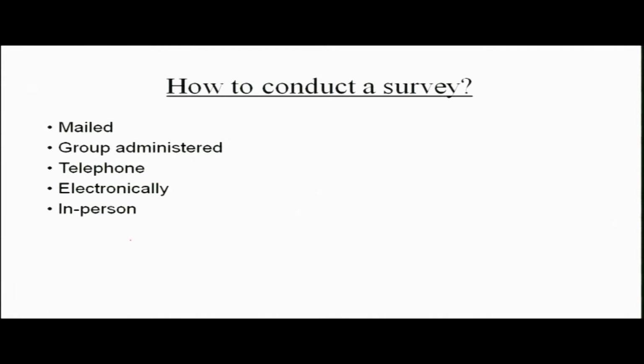Now the question is, once you have identified your survey research questions, how will you administer it? How will you conduct your survey? There are various ways in which you can do so. You can mail a paper copy of the survey to your prospective respondents. You can administer it in a group. You can do a telephone survey, when you call up random research subjects and ask them certain questions.